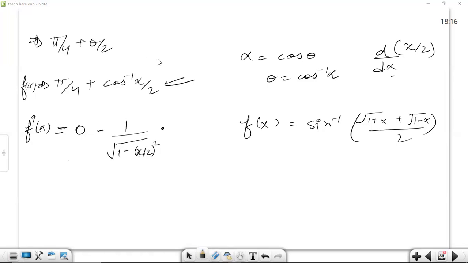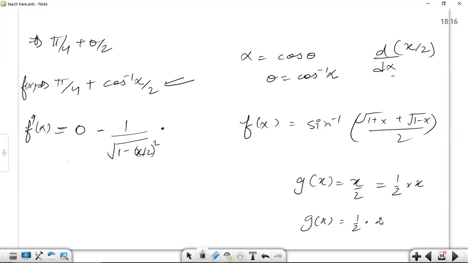Okay. So what is the function here? Let's use some other alphabet. Let's say g of x is x by 2. x by 2 can be written as half into x. And if it is a constant, we can just put the constant separately.